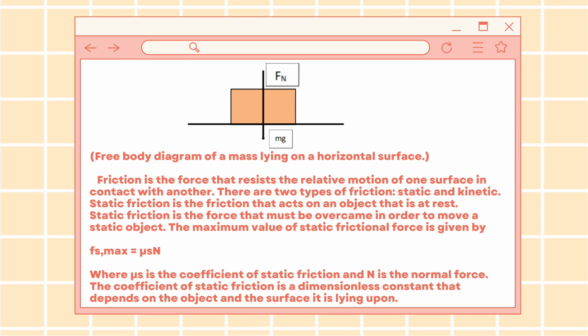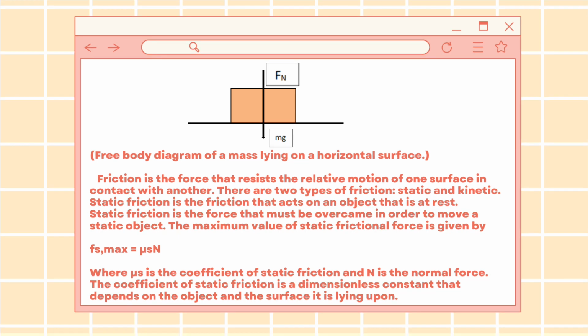The maximum value of static frictional force is given by f s equals mu s N, where mu s is the coefficient of static friction and N is the normal force. The coefficient of static friction is a dimensionless constant that depends on the object and the surface it is lying upon.